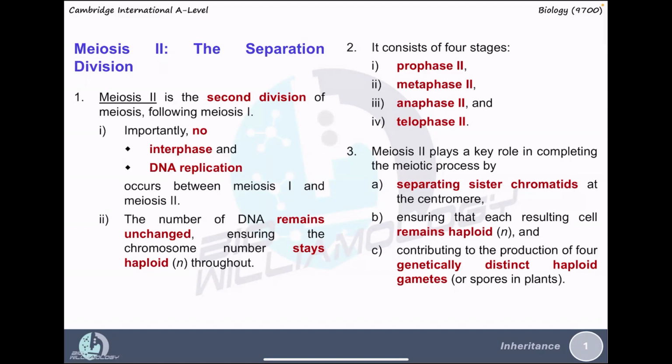Previously in meiosis 1, 1 diploid cell is divided into 2 haploid cells. But in these haploid cells, each chromosome consists of 2 sister chromatids. So in meiosis 2, we want to separate sister chromatids and turn 2 haploid cells into 4 genetically distinct haploid gametes.